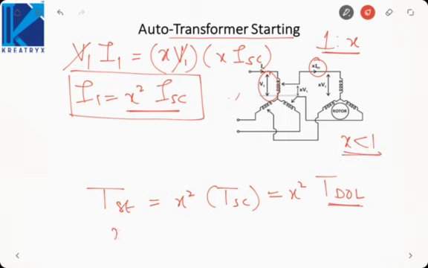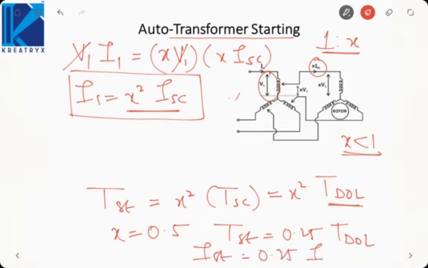If x is 0.5, then the starting torque becomes 0.25 times, that is 25%, and the starting current also becomes 0.25 times the direct online starting current. So for the same reduction in starting torque, we get more reduction in the current drawn from the supply. That is a big advantage of auto transformer starting.